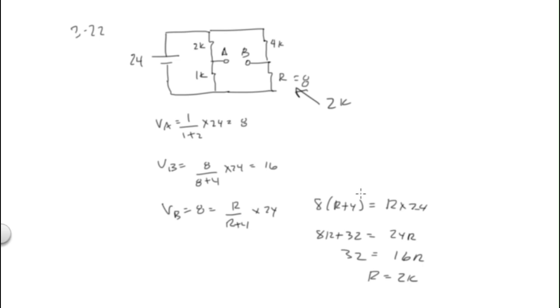Okay, so now we're going to do the same thing with these other ones. So now we're going to ask this question of 323. Find the current in that resistor. So basically what I'm going to do now is I'm going to say, okay, so here we've got a voltage, and I'm going to cut that resistor out.